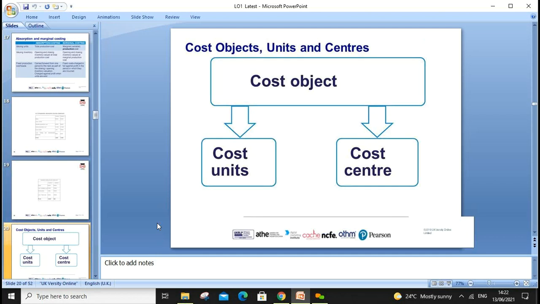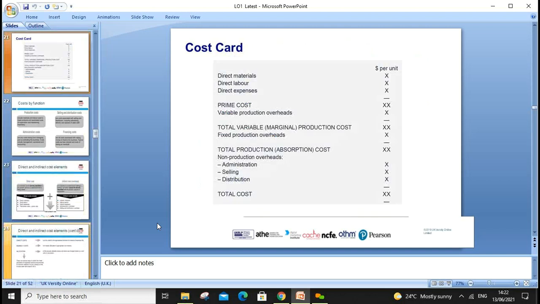Okay, then we look at the cost object, cost unit, and cost center. Cost unit means the unit of production which we are going to produce, what is costing us. So that's the cost unit. The cost center is to whom we can charge the cost. Direct material and direct labor are costs which are traceable to the product.